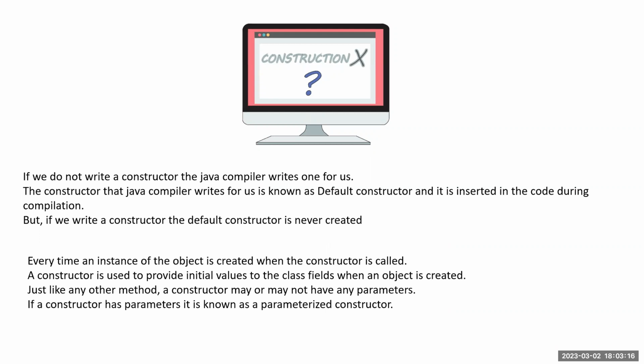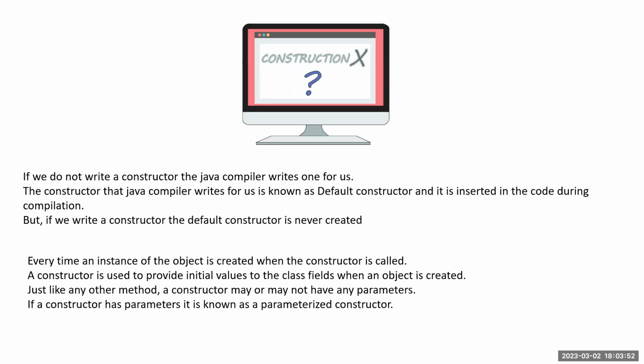The constructor that the Java compiler writes for us is known as the default constructor, and it is inserted in the code during compilation. But if you write a constructor, the default constructor is never created, because you have already done what the compiler would do, so it will not override that.